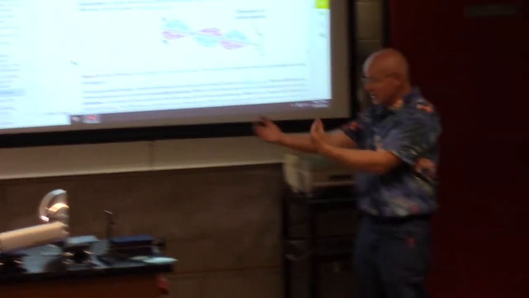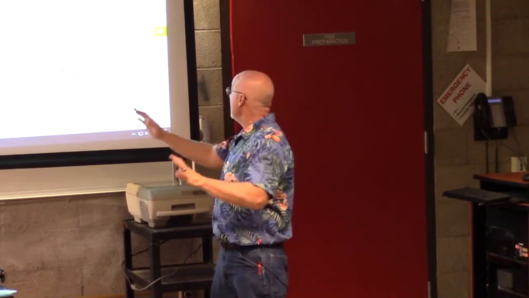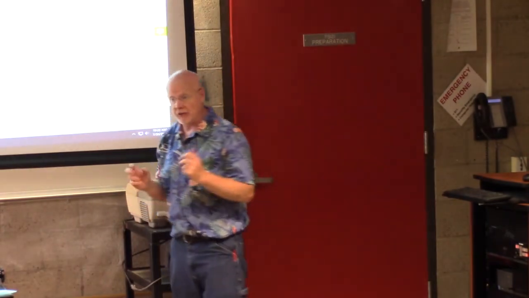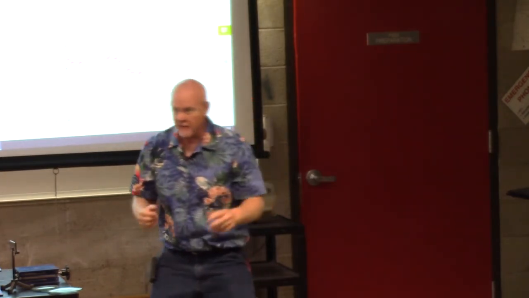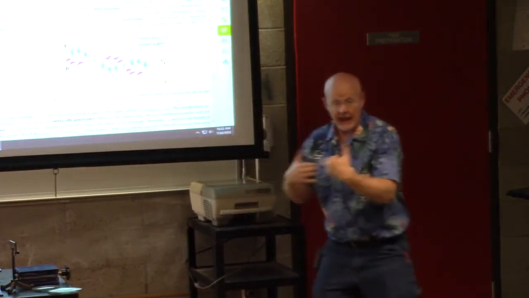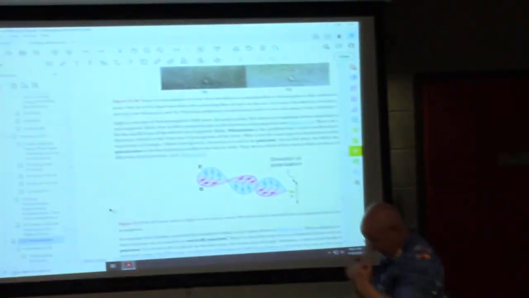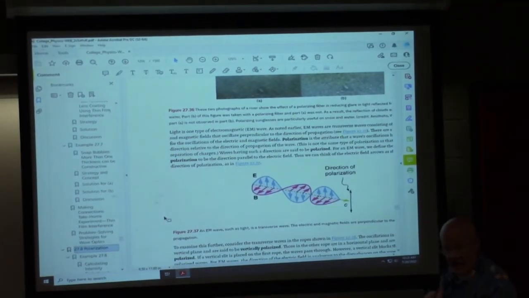Let me just remind you back in chapter 24. You might remember a couple lectures ago I was standing right here and I was saying, okay, an electromagnetic wave looks like this. You got to think about it in 3 dimensions. The electric field makes the magnetic field, and the magnetic field makes the electric field, and then those propagate and move, and all 3 of those have the X, Y, and Z axis in 3-dimensional space. If it's moving towards me at the speed of light, I'll call this the X axis.